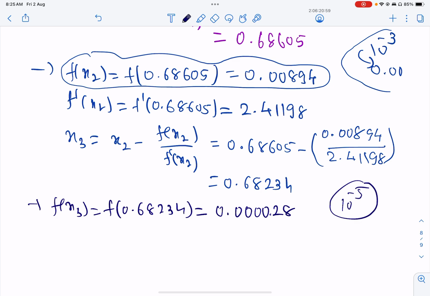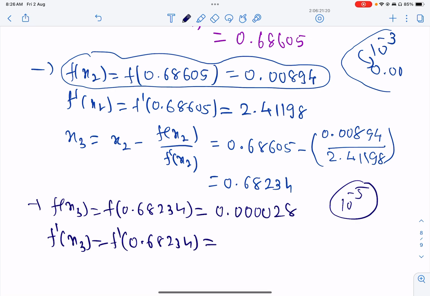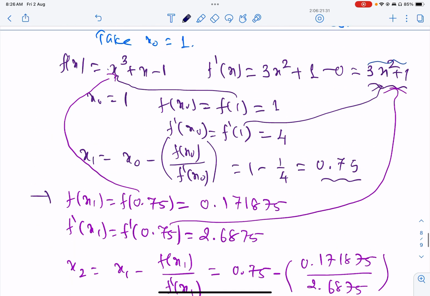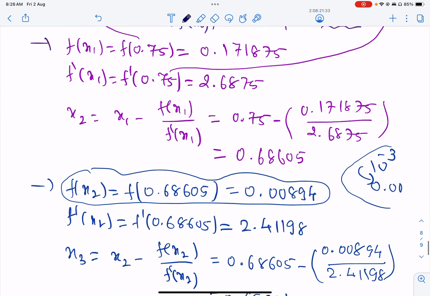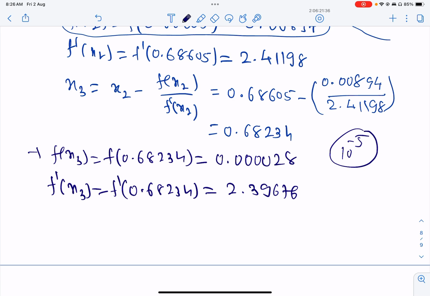Your calculator might show 10 power minus 5 or so, then you write 0.0000 and then the number 2, 8. Same way f dash x3 is f dash 0.68234. You keep it in f dash, 3x square plus 1, and you get 2.39676. You should verify each and every step.